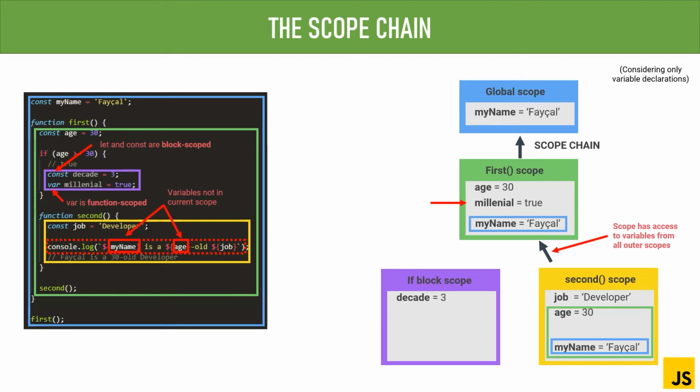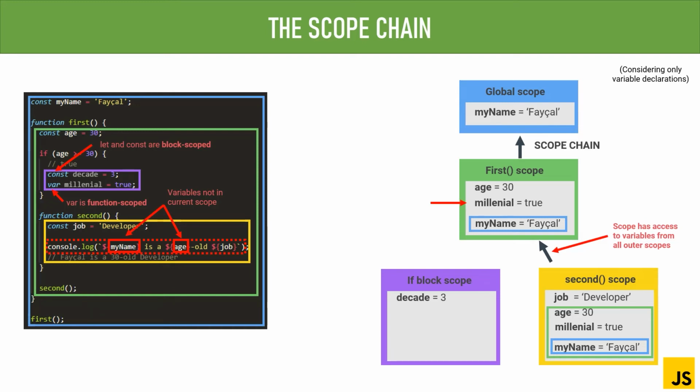Now about the scope chain. If the millennial variable is in the first function scope, then of course the second function scope also has access to it, even if it doesn't really need that variable. And the scope chain does of course apply to block scopes as well.